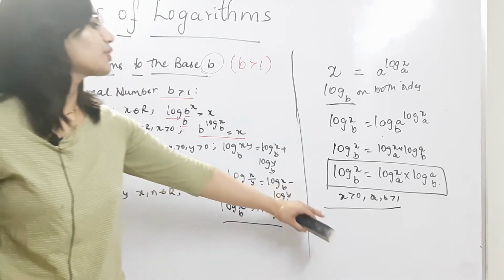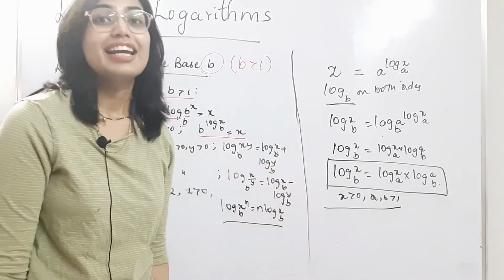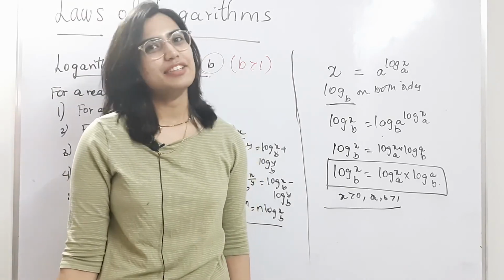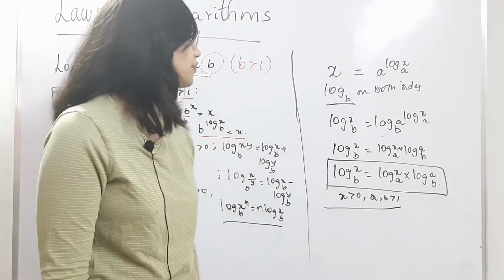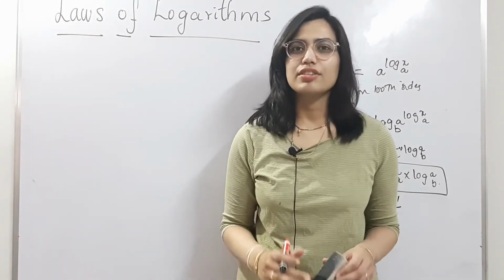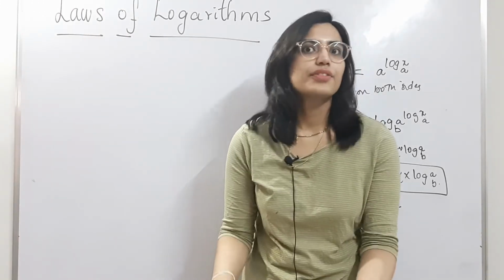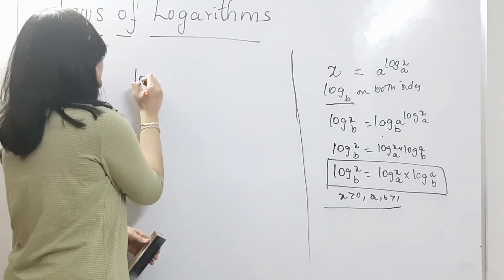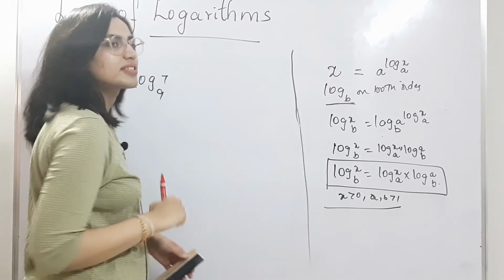This is one of the rules that is extremely important in case you need to deduce the value of logarithm to any other base. For example, let's see one problem using that rule. Imagine a situation where you have your calculator with you, okay, and I ask you to give me the value of log 7 to the base 9.